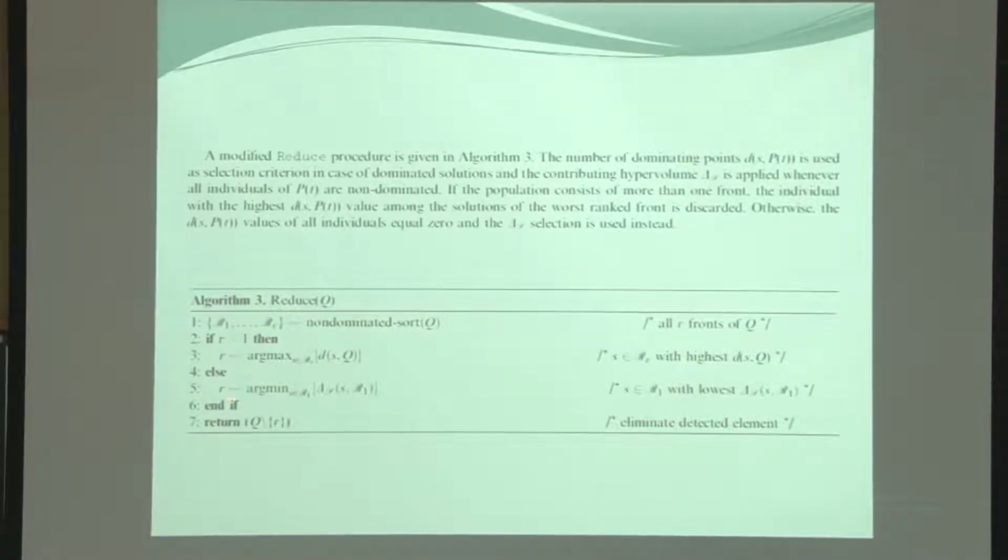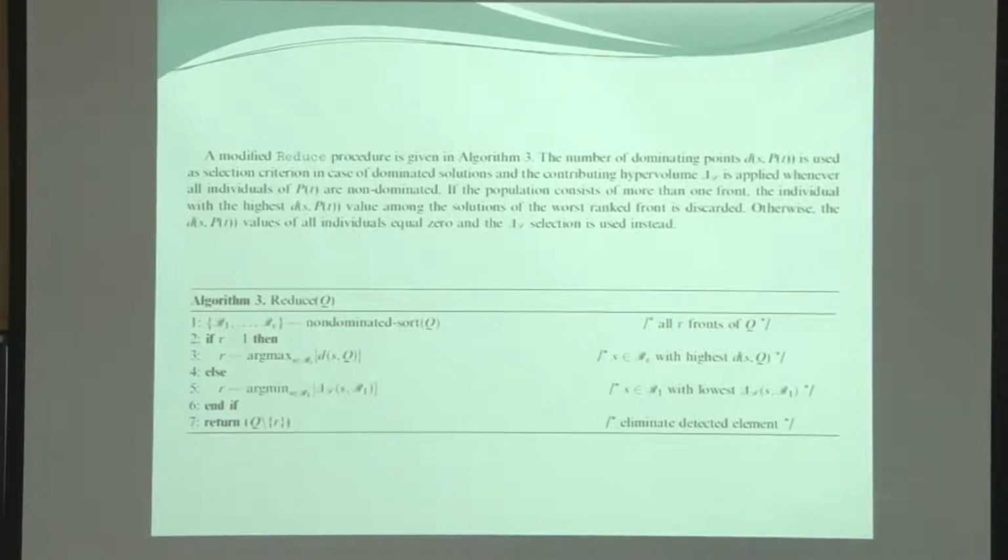So it uses this reduction procedure, performs non-dominated sorting, same as NSGA-II. But in the reduction procedure, they use a selection criterion when solutions are compared, two solutions in which one doesn't dominate the other one, because in NSGA-II, if one dominates the other one, that wins, right?